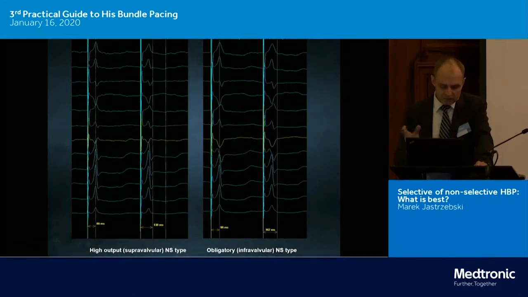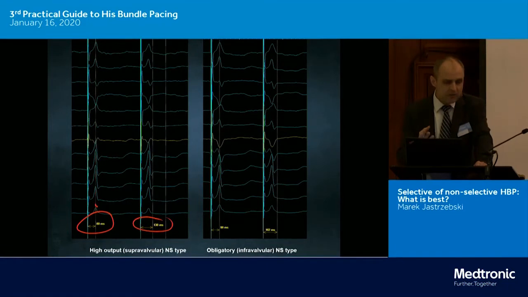In both positions non-selective capture was achieved, but these are different QRSs, the same patient, the same lead, different non-selectivity. This is 88 milliseconds time to R-wave peak in V6, and the QRS is 138 milliseconds.